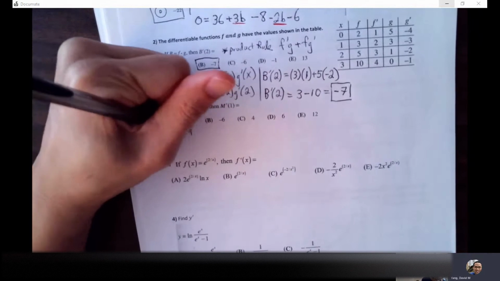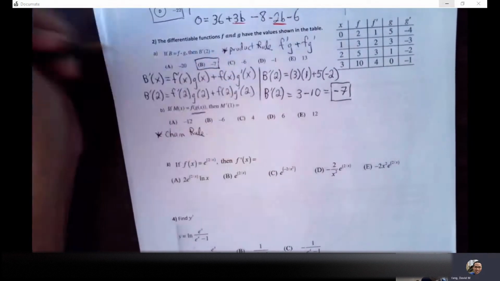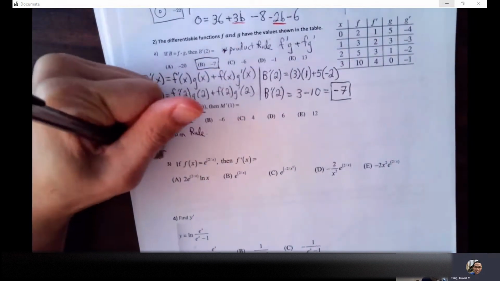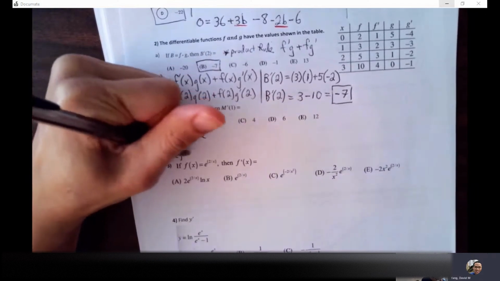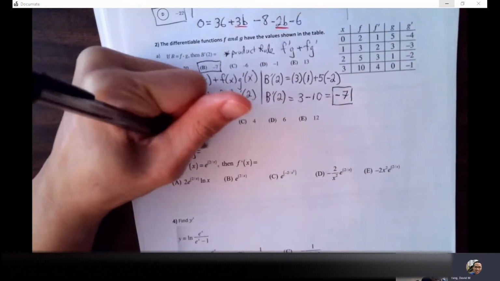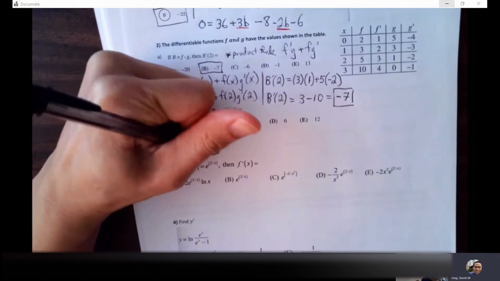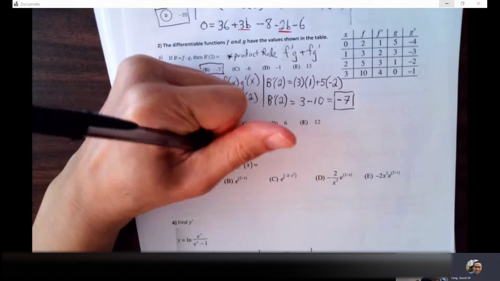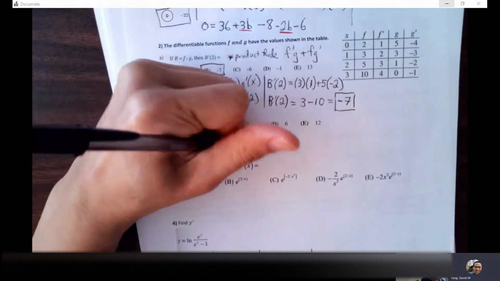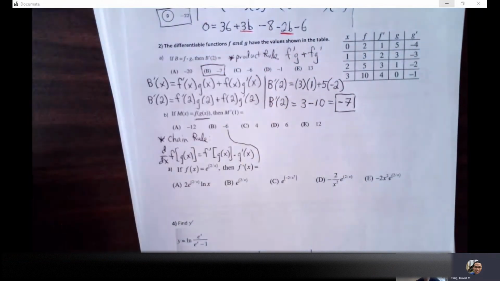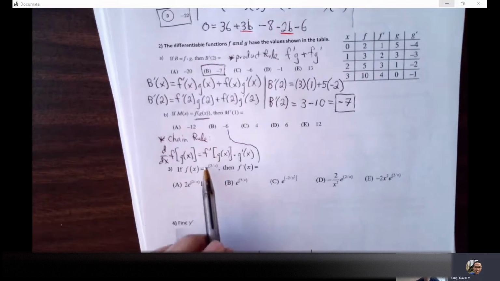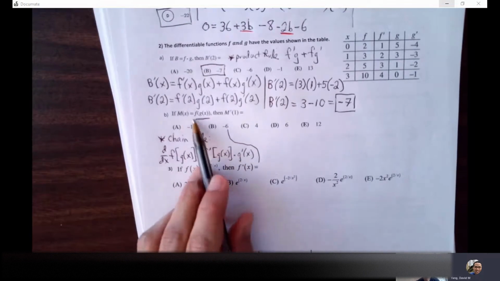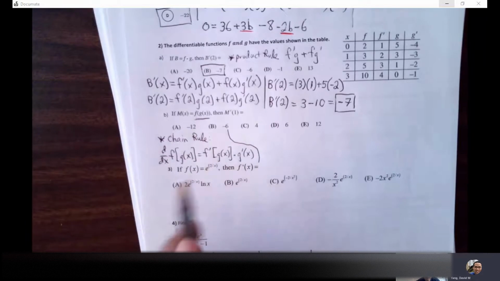So here's a reminder of chain rule. Outside function's derivative multiplied by inside function's derivative. So if I want to find m prime of x, I can rely on this rule here. My f and g is already defined here.